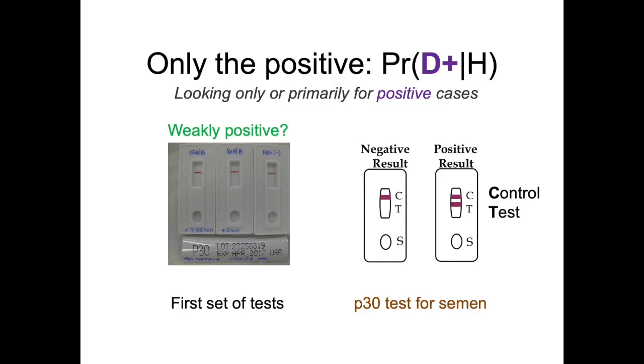A negative result only has a red control band, whereas a positive result has both a red control band as well as a red test band. On the left, we see the data from a first set of P30 tests, which the lab called as weakly positive for the middle test on item 16.